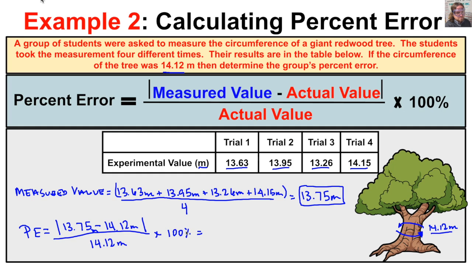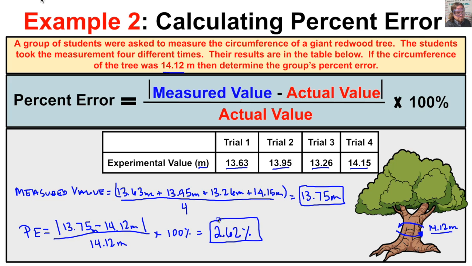So let's do this. We take the absolute value of 13.75 minus 14.12, divide this by 14.12, and then multiply by 100%, and we end up with 2.62 percent error.